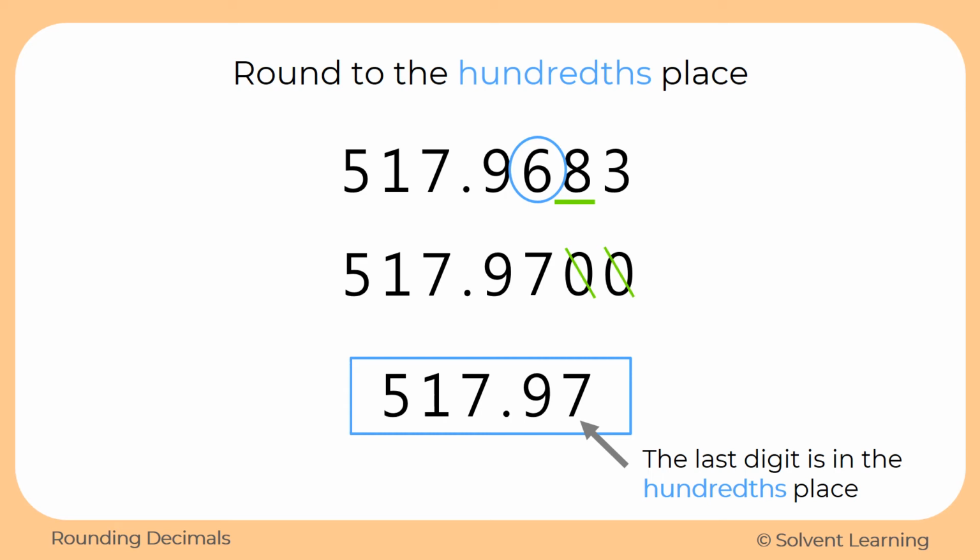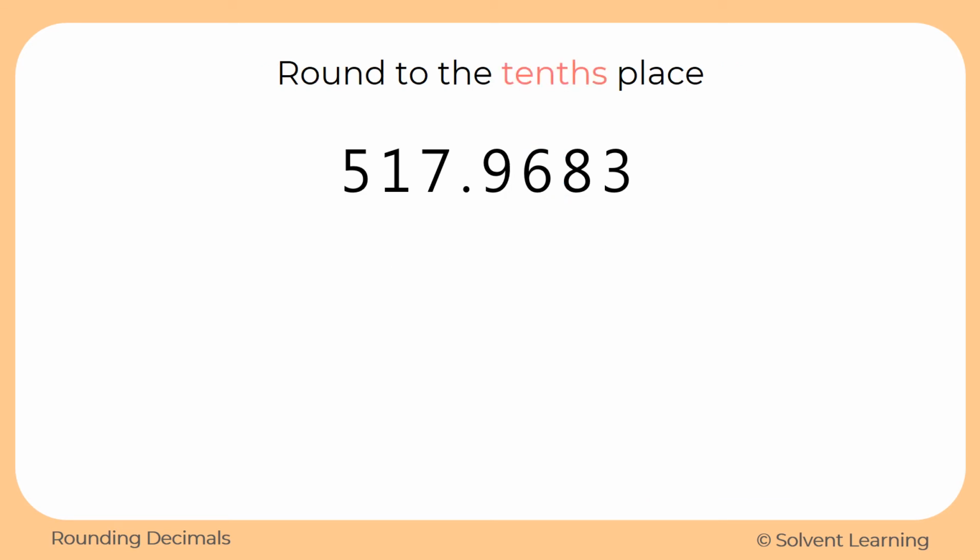Let's look at one more example. This time we're going to round to the tenths place. Our digit that's in the tenths place is a 9. We look to the neighbor, the 6. The 6 is going to tell us that our 9 is going to round up. Now if we round 9 up, it becomes 10.